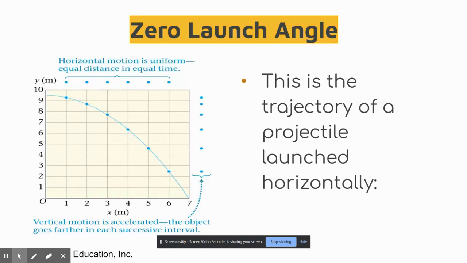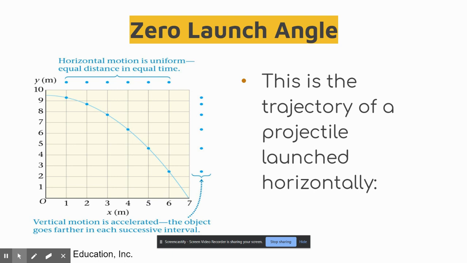Now we're going to look at it on a graph. And these graphs are important. They can help us visualize, and y'all might even be asked to create your own graphs like you were in lab number 1. So when there's a 0 launch angle, the object is going to follow a curved path where the horizontal motion is constant and the vertical motion accelerates.